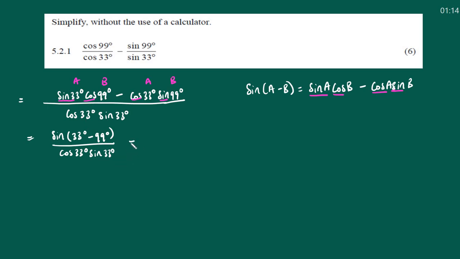Then we can say 33 minus 99, that is negative 66, right? So you would have sine negative 66 degrees, all divided by cos 33 degrees sine 33 degrees.